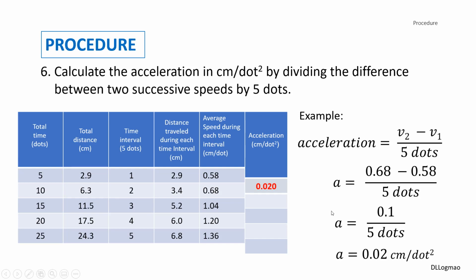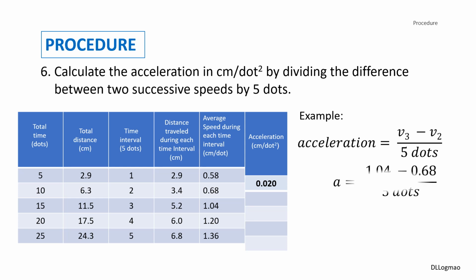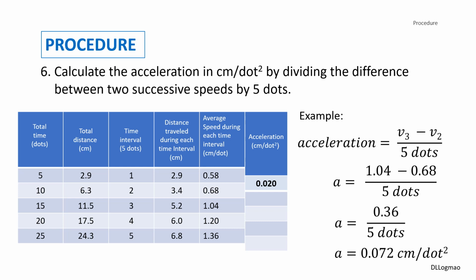The next example is the acceleration from v sub 2 to v sub 3. The acceleration is, from the table, 1.04 centimeters minus 0.68 centimeter divided by 5 dots. The answer is 0.072 centimeter per dot squared. Record on the table.